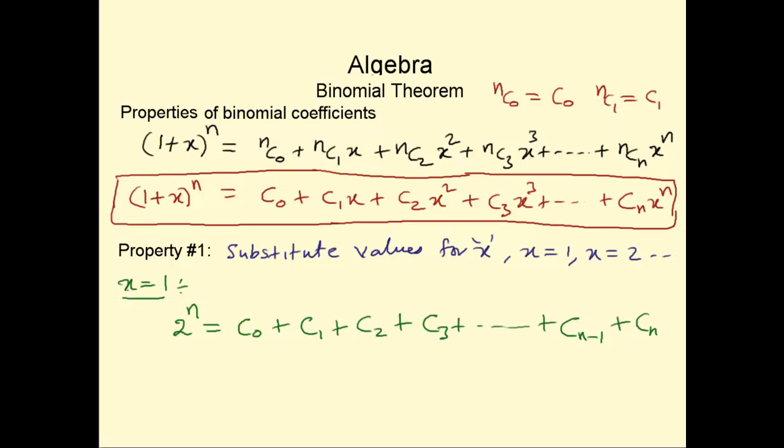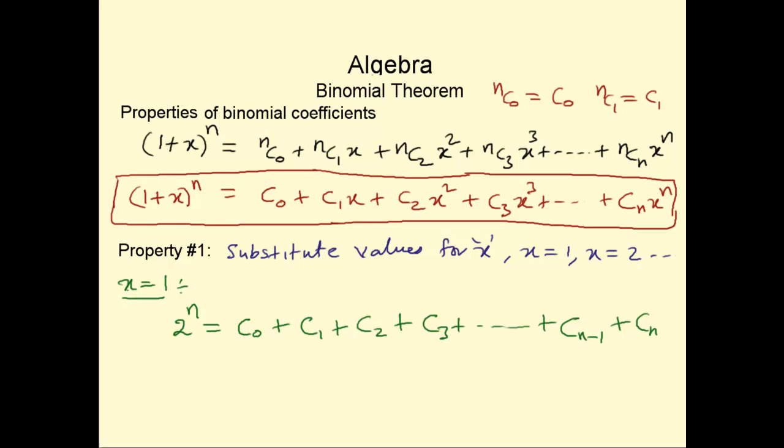So here C0 + C1 + C2 + C3 and so on till Cn-1 + Cn is equal to 2^n. Remember, these are all nC0, nC1, nC2 and so on. So we are just putting in a shortcut form to make it easier.